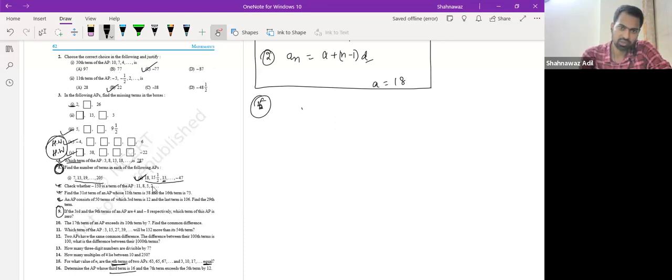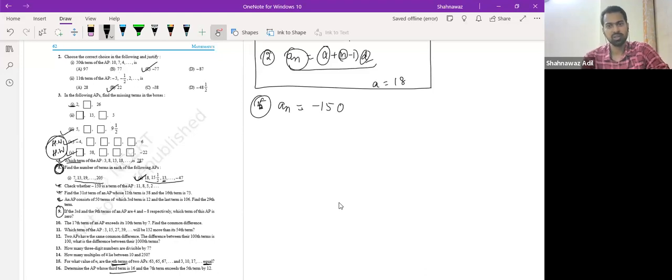From this formula, what is this minus 150? Is it D, is it N, is it A, or is it AN? AN, absolutely correct. Good. So we assume that AN is minus 150, and let's plug in all these values and check whether our assumption is right or wrong.